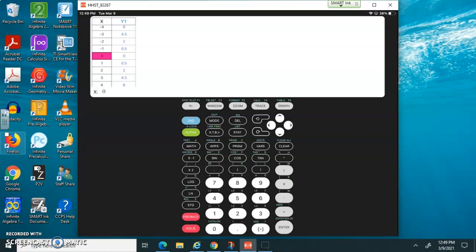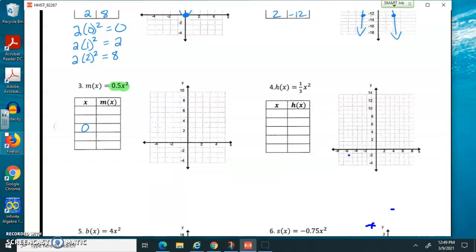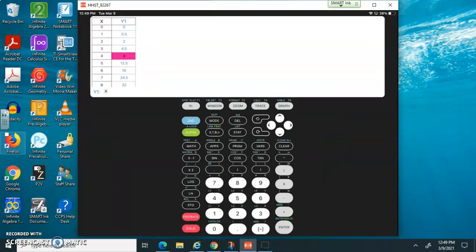I'm going to use this 2 and this 8 because I like whole numbers when I'm graphing. So at negative 2, 2, and then if you notice over here we have 4 and 8 at 4, 8. So let's go back here.